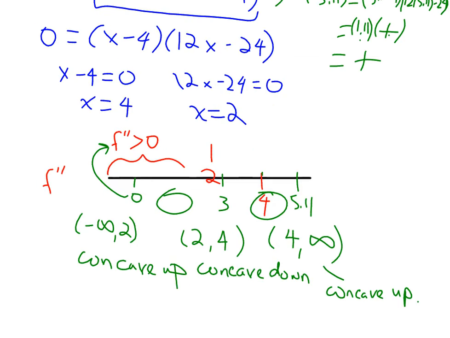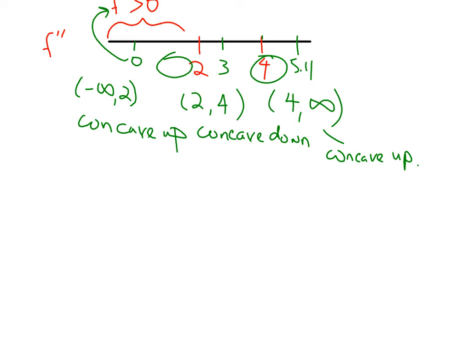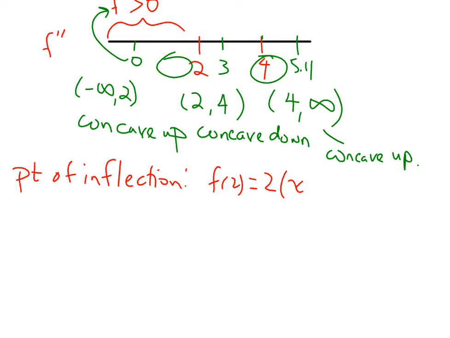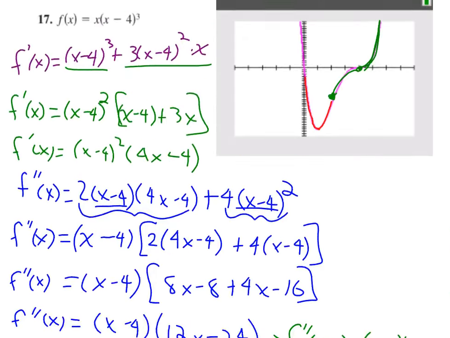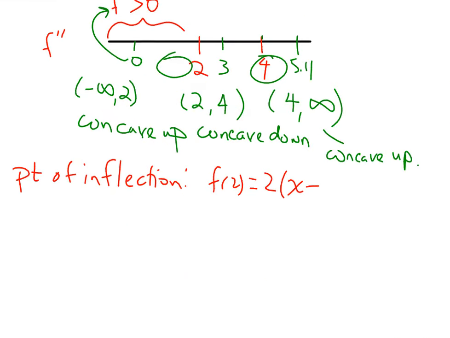If I plug in f at 2, I get 2 times 2 minus 4 cubed to get the y value. Negative 2 cubed is negative 8, so negative 16. So I know there's a point of inflection at 2 comma negative 16.